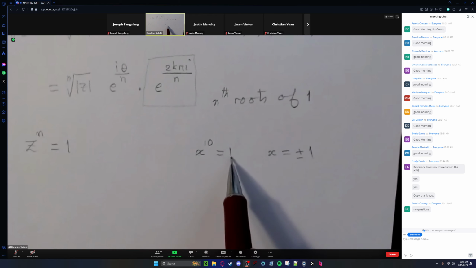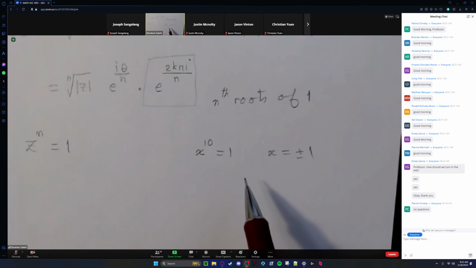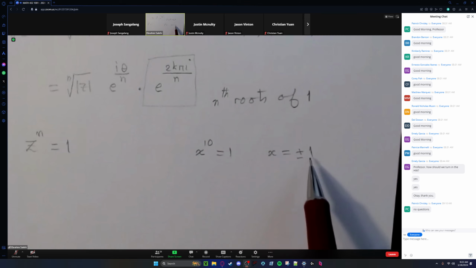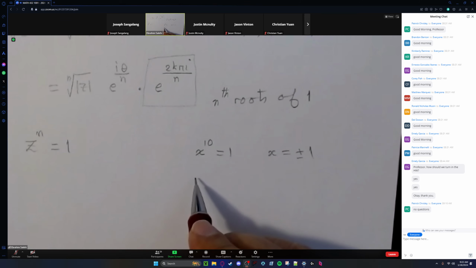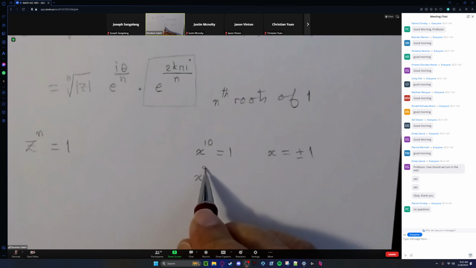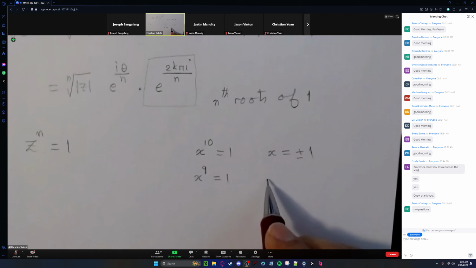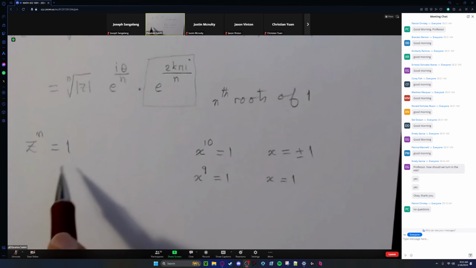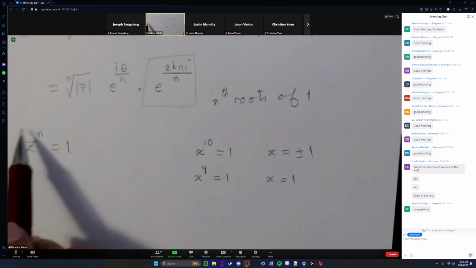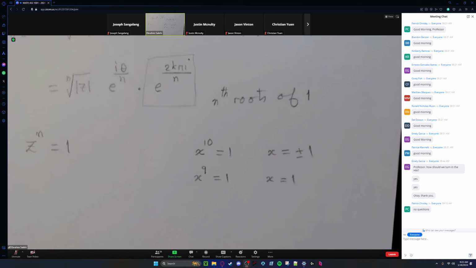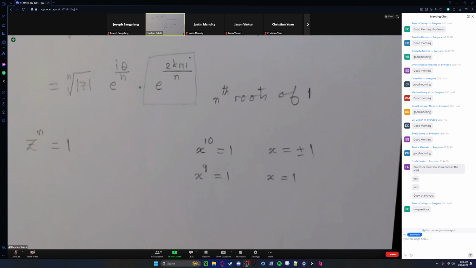So this equation in calculus has only two solutions, and this equation has only one solution. But when it comes to complex, this equation has n different solutions.